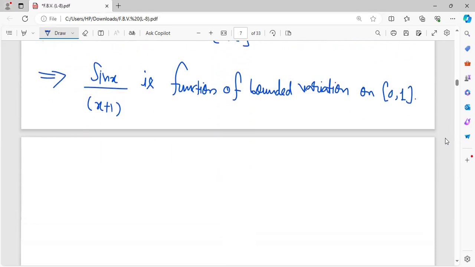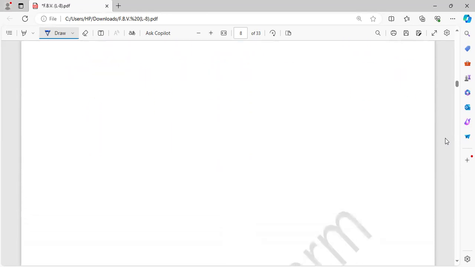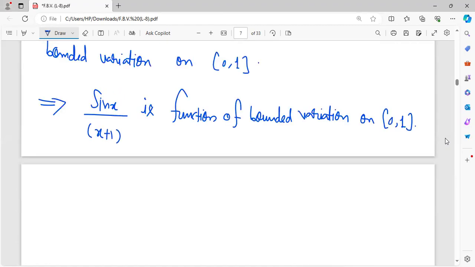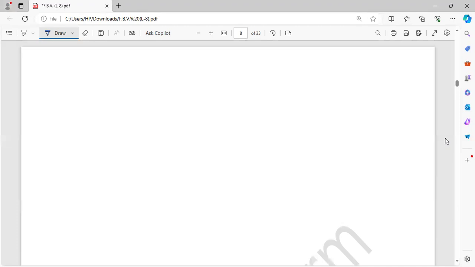Okay. So now see another question. We have proven in the last question that sin x upon x plus 1 is a function of bounded variation on the closed interval 0, 1. Now we are doing another question. See this. Question number 3.